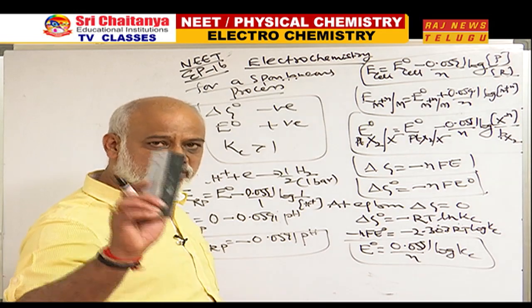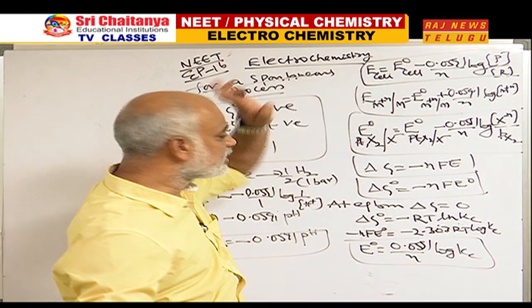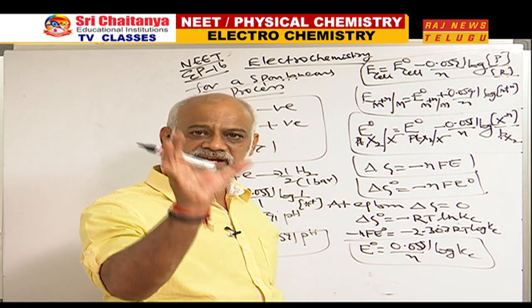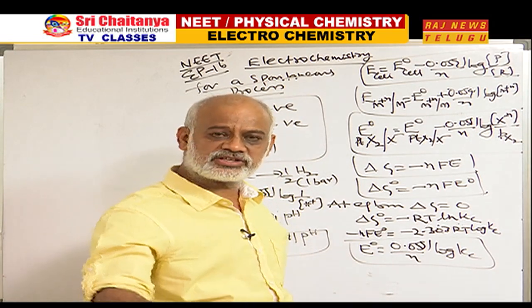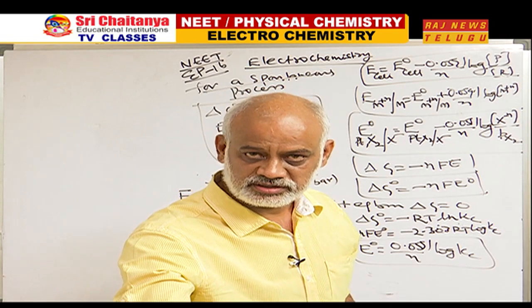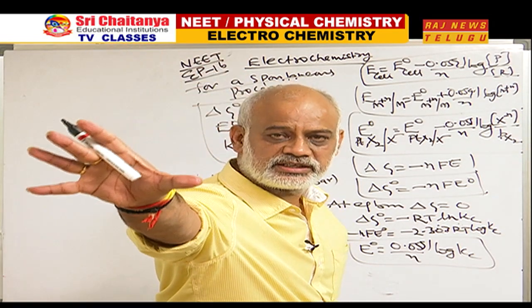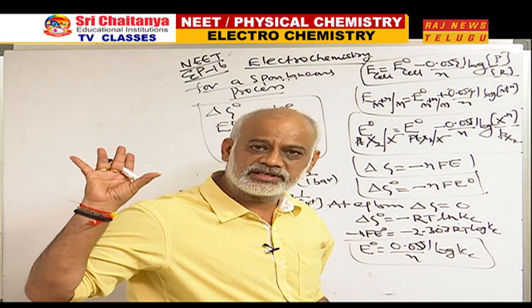Whatever is the case, all these three are obtained only from the first one. Write the reaction. If it is a cell reaction, write the total reaction. After writing the entire reaction, products in the numerator, reactants in the denominator.